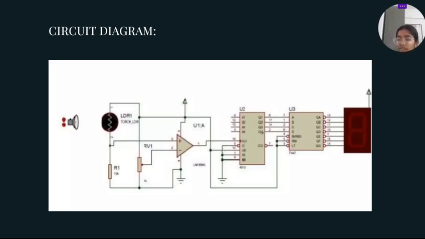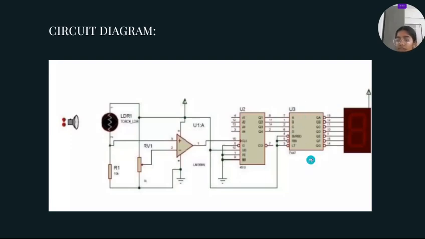U3 is a 7-segment decoder. The output pins Q1 to Q4 of the U2 BCD counter are connected with the input pins A to D of the 7-segment decoder. We can see this in the circuit diagram.